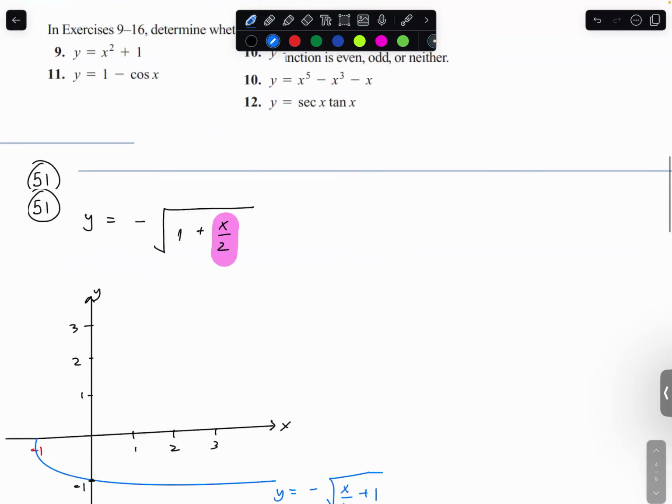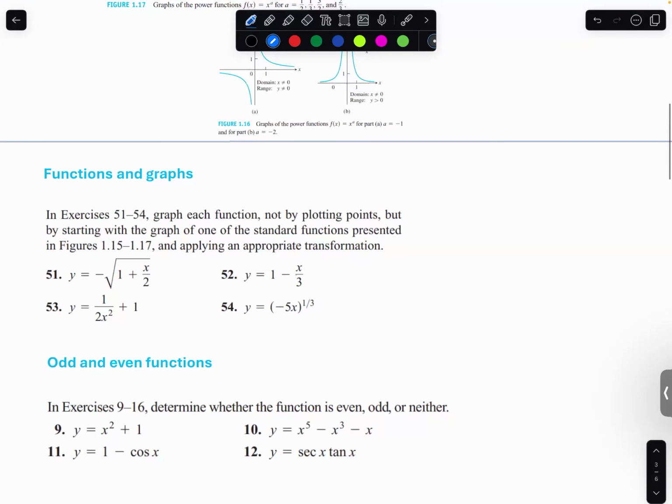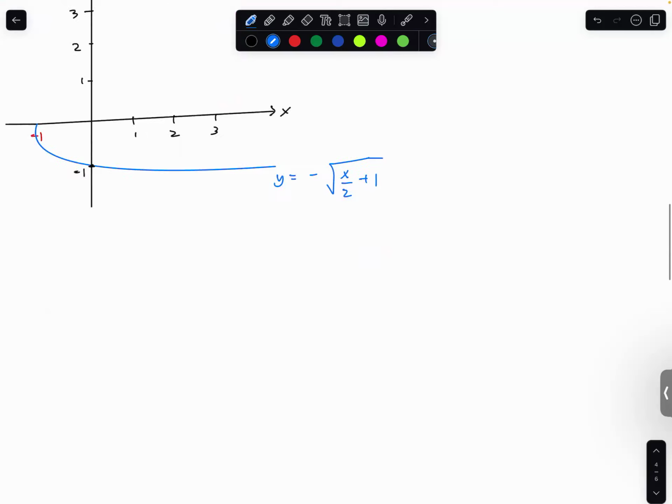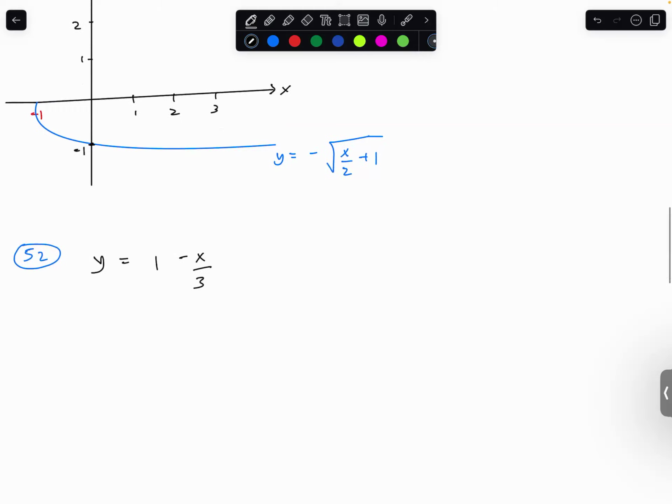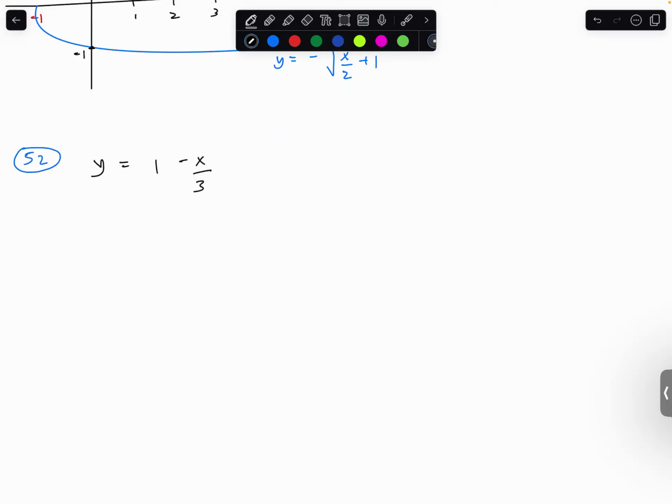Next we should plot the graph of y equals 1 minus x over 3. So we have 52. Plot the graph of y equals 1 minus x divided by 3. In here we can start with a basic graph of y equals x over 3 and then the negative. Let's plot some graph.